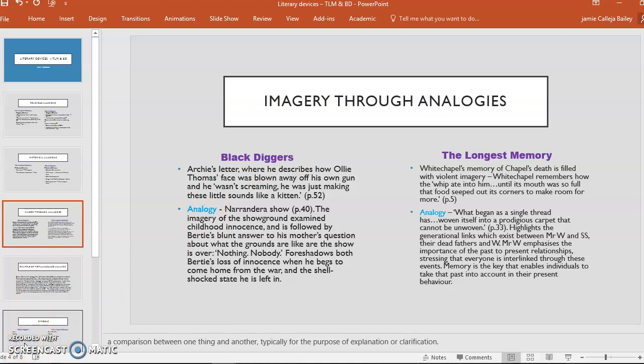Bertie's mum uses the analogy of the Narrandera show in an attempt to discourage Bertie from enlisting in World War I. She reminds him of his childhood when he and his sister spent time watching the fancy circus while, quote, lounging on barbed wire like a pair of skin rats. So it was clearly evident that they could not enter because of their identity, which is what we're going to speak about next, which we should have spoken about on Friday, evident by their skin colour.